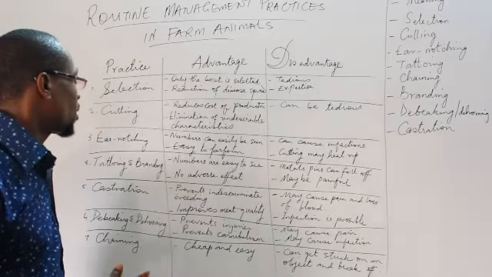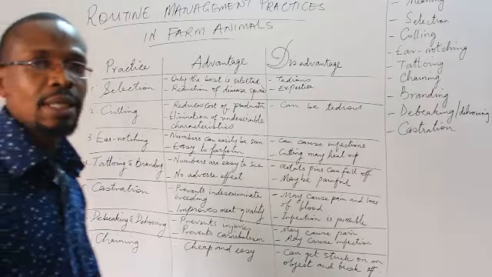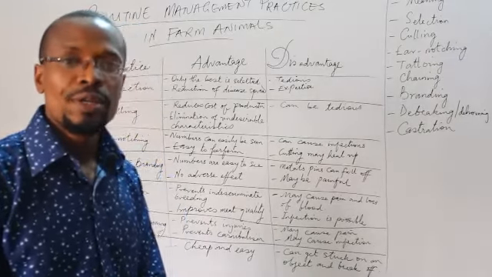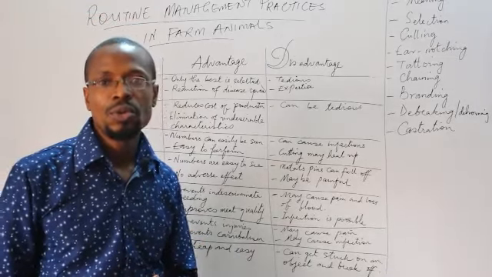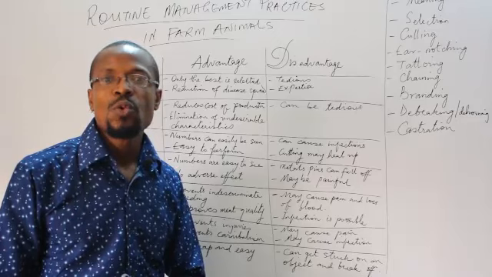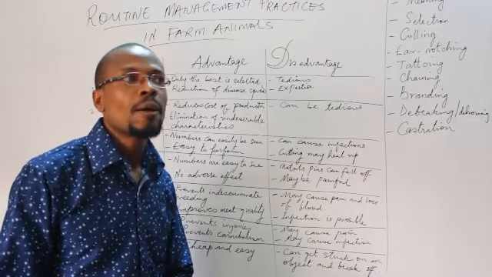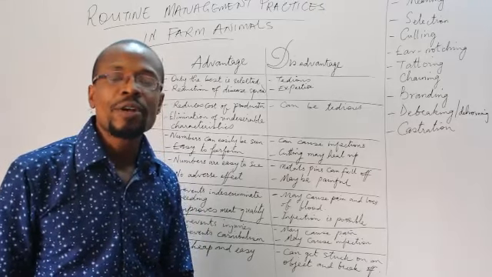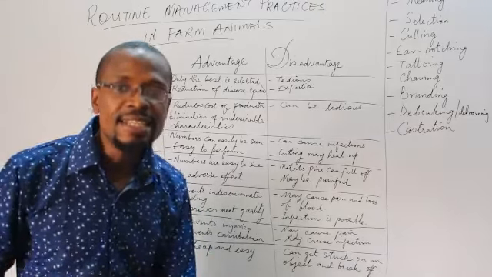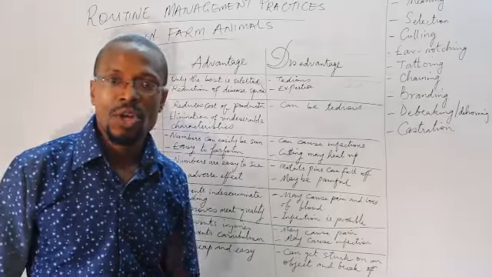Then talking about culling. Culling of farm animals has to do a little bit with selection also, but in this case we are not just doing the normal kind of selection, but we are removing diseased animals from the farm animals.